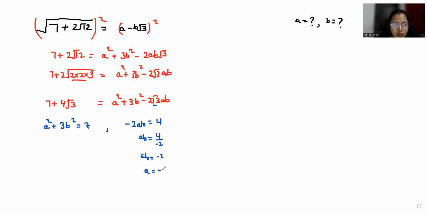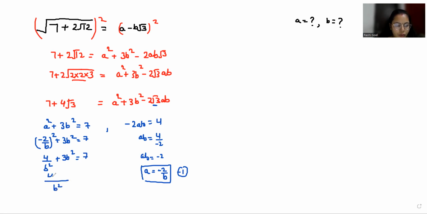The value of a is negative 2 by b. So I'm going to put this value here. So negative 2 by b whole square plus 3b square is equal to 7. So 4 by b square plus 3b square is equal to 7.